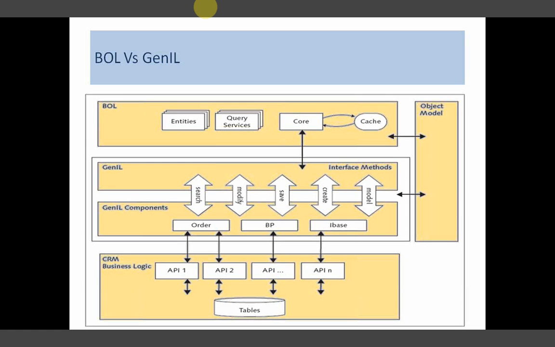Queries are to get query services, like static and dynamic. Dynamic will have different operators, whereas entities are to store the exact data. And it has another service, that is a cache, which is a buffering.